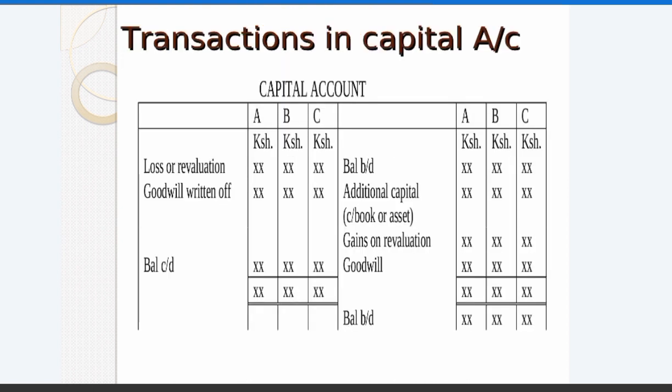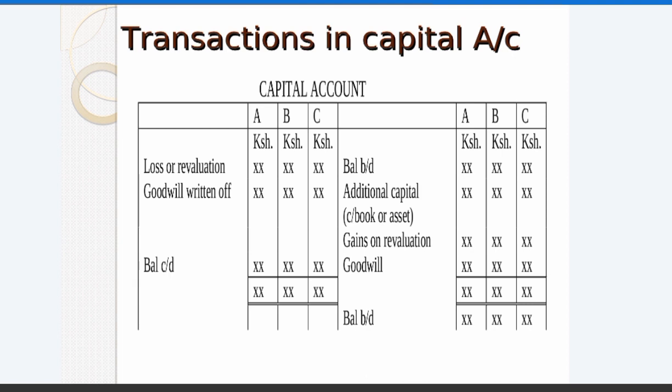Having said that, you will find that there are transactions which take place when you maintain a capital account, when you maintain a current account, or even when you maintain a fluctuating capital account. So let us look at the transactions that will be made when a capital account is maintained.